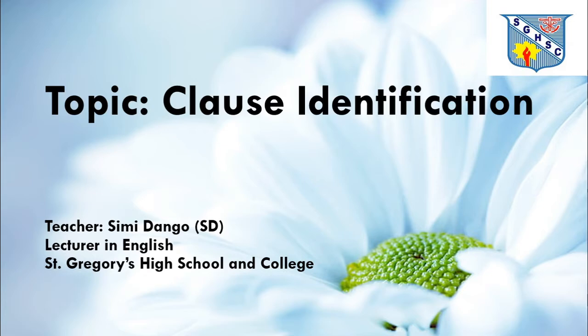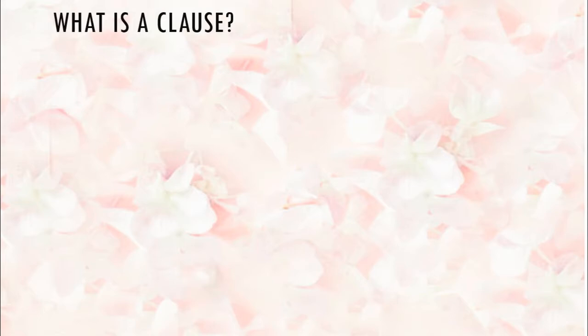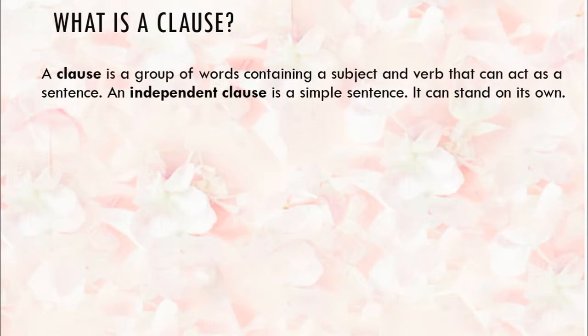However, if you ask for help in distinguishing noun, adjective, and adverb clause, firstly, you have to know what is a clause. A clause is a group of words containing a subject and verb that can act as a sentence.